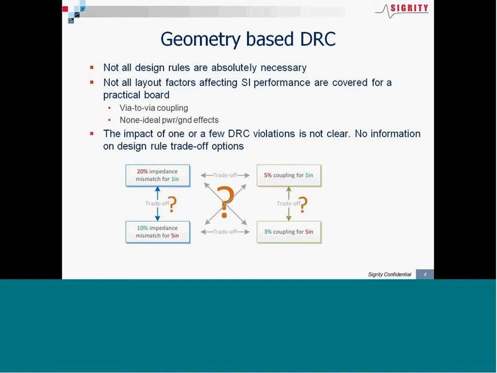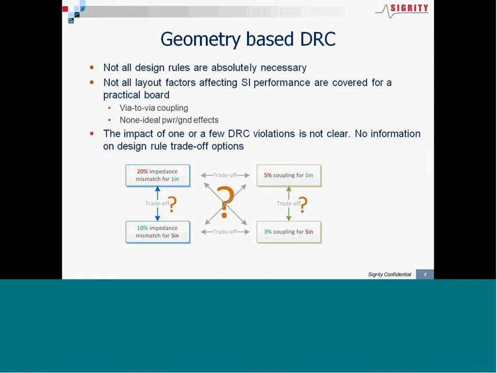Geometry-based design rule check has many limitations. First, not all design rules are absolutely necessary, or at least, we don't think so, because for one reason or other, those design rules tend to be conservative.